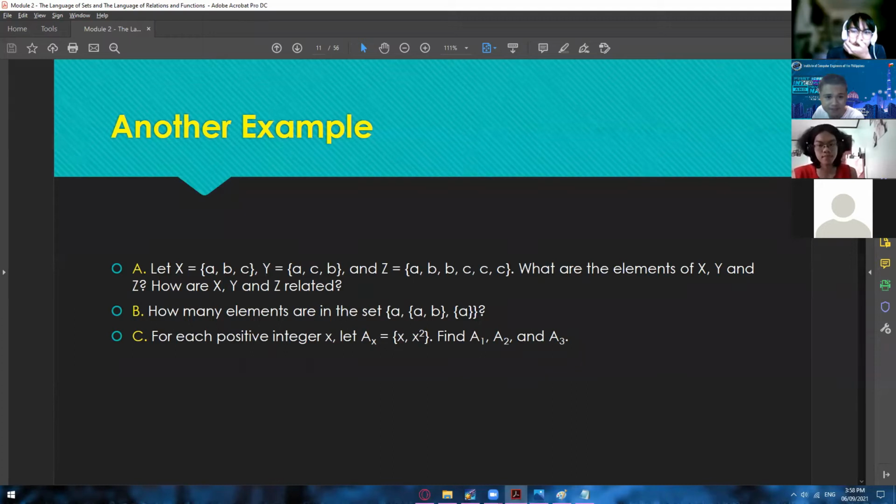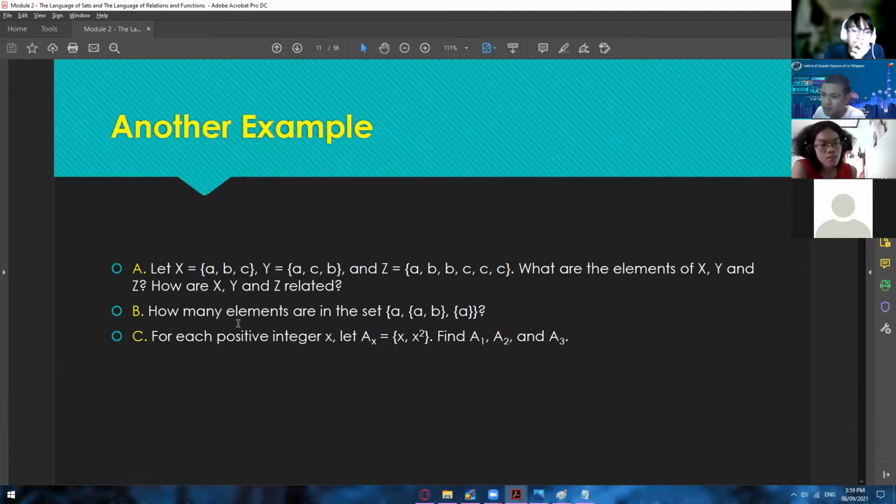Anyway, they have common elements: they all have a, b, c as elements. Most of you got the correct answer in letter A.